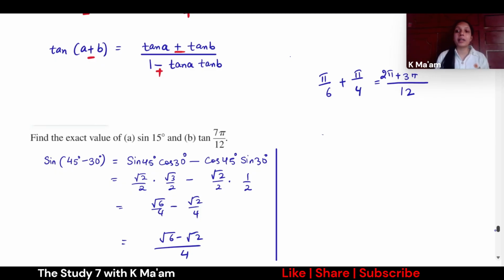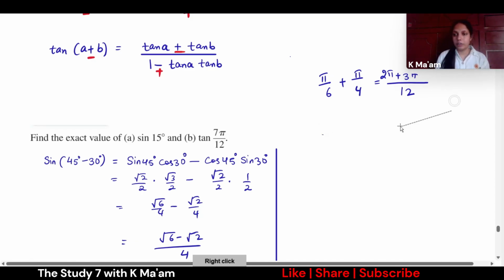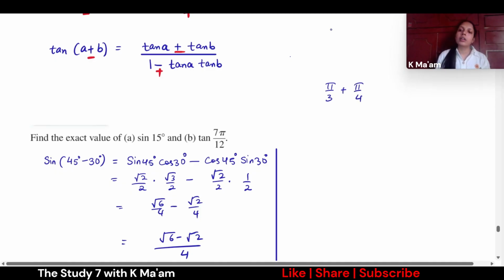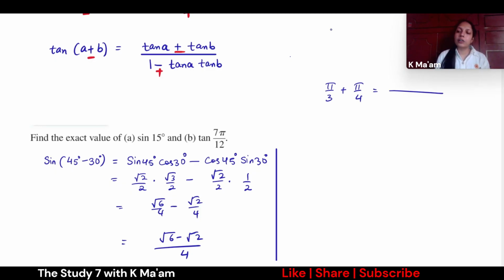It's 5 pi, but I want 7. We can also use pi by 3 and pi by 4. Pi by 3 plus pi by 4. If you take the common denominator, it's 4 pi plus 3 pi. Yes, it works, 7 pi by 12. So 7 pi by 12 can be written as pi by 3 plus pi by 4.